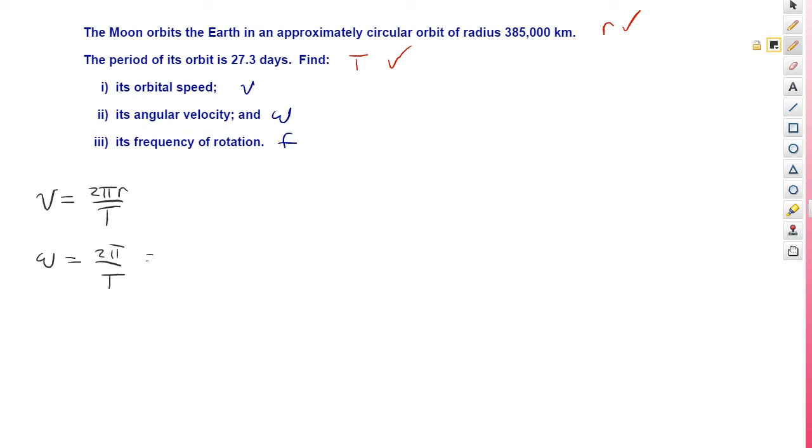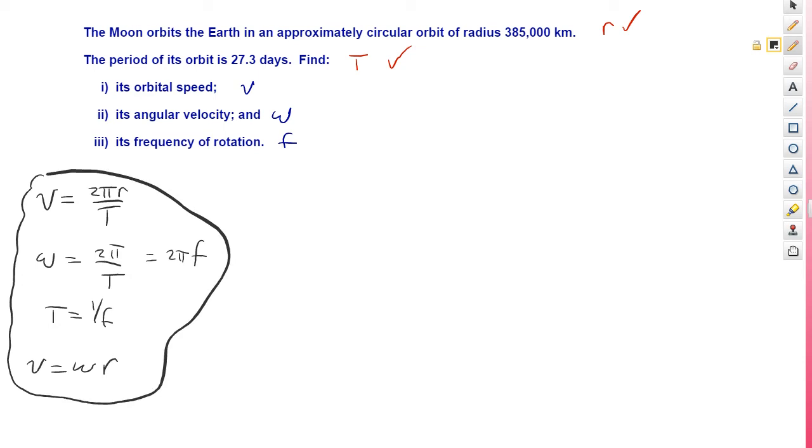And we also have that is alternatively 2 pi f, because T equals 1 over f. So that's 4 of them already. And then there's just that link between v and omega: v equals omega r. So there they all are. I'll hide those away out of the way, but we can pick and choose them as we do the question.